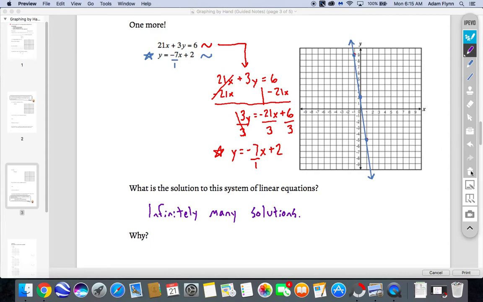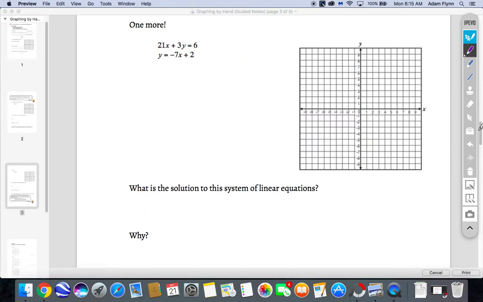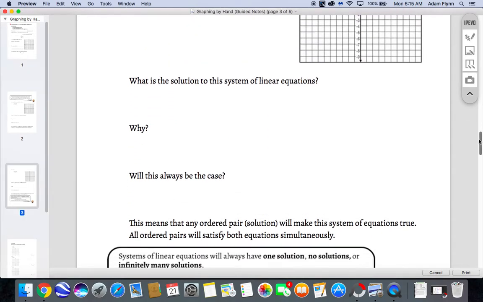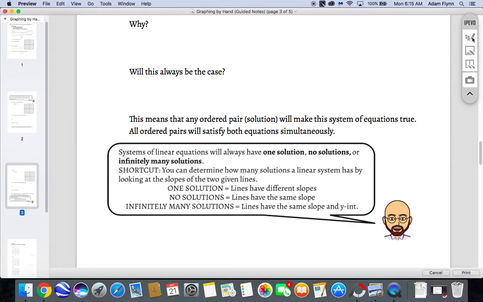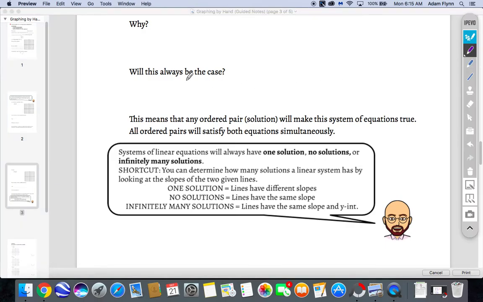I'm going to go down just so I can explain this a little bit further, running out of space. So why is it infinitely many solutions? That is because these lines intersect at every point.